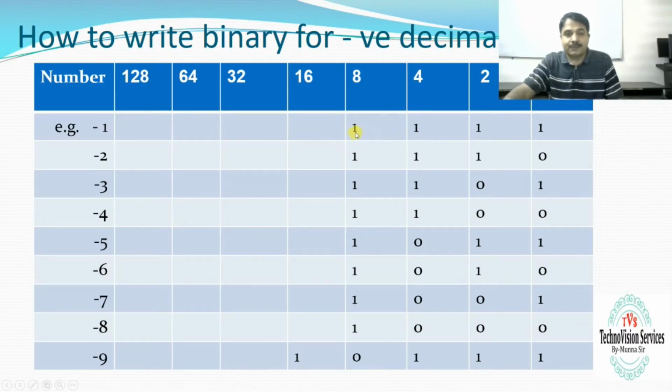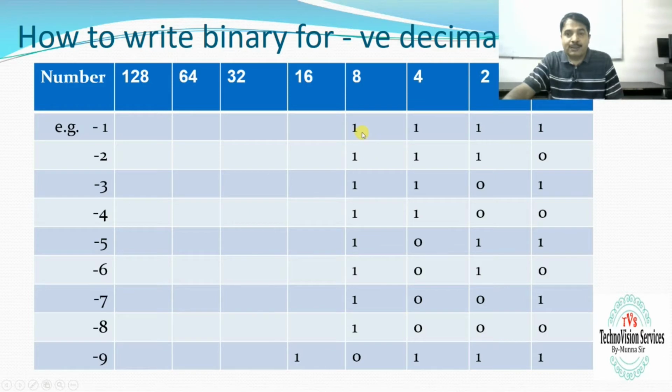Here the place value of 8 will be -8, because the leftmost bit is 1, which indicates it is a negative number. So -8, then 4 plus 2 plus 1 means 7.